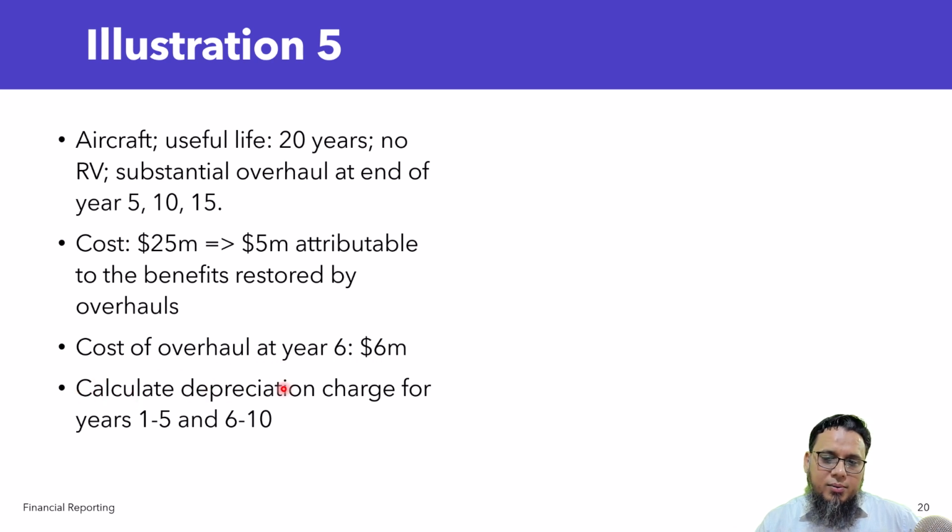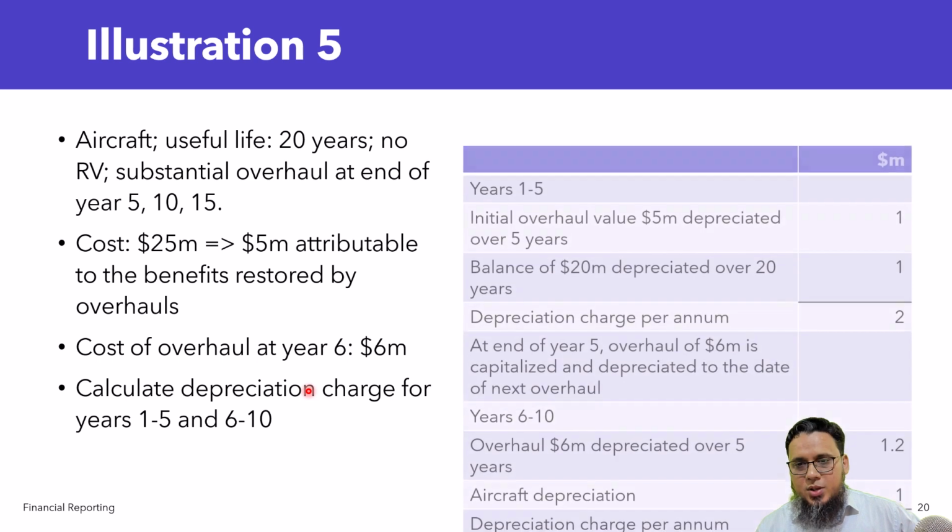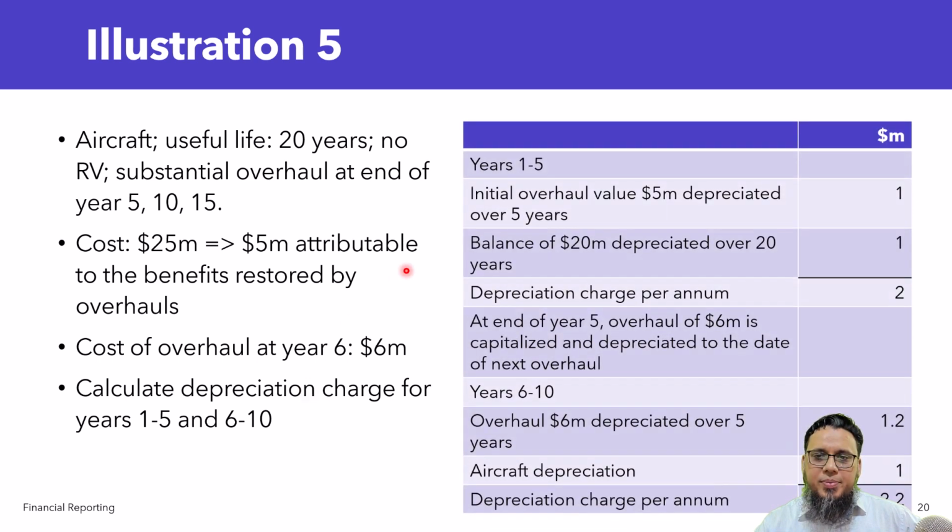Now you need to calculate the depreciation charge for years 1 to 5 and 6 to 10. So how is that going to go about? For years 1 to 5, which is from getting the asset till the time of the first overhaul, the $20 million component, that is the asset life, is depreciated over 20 years, which is $1 million per annum.